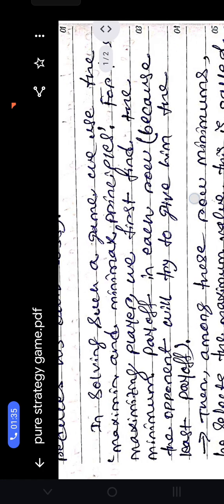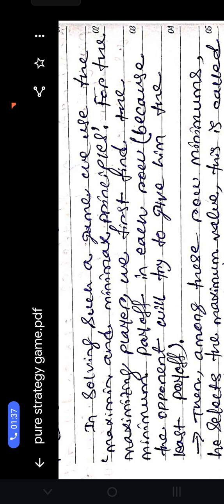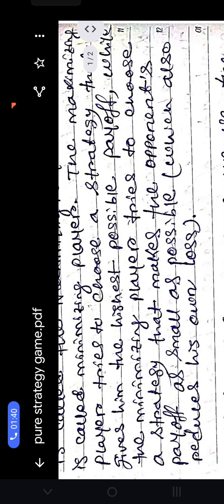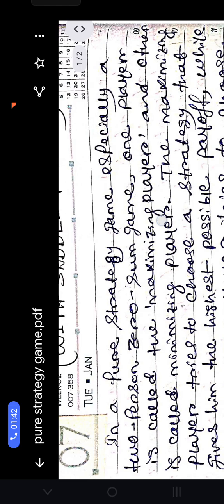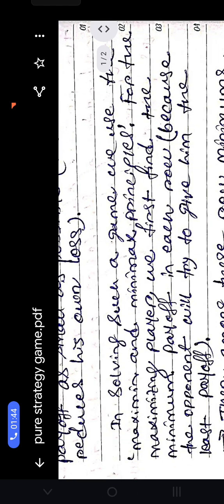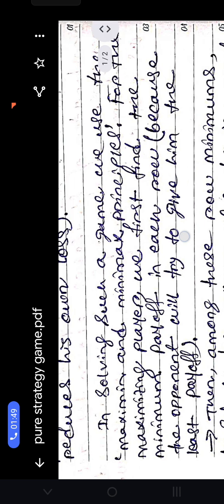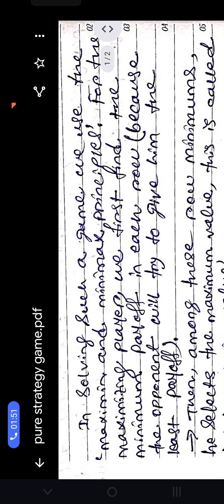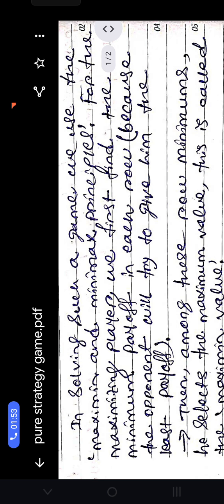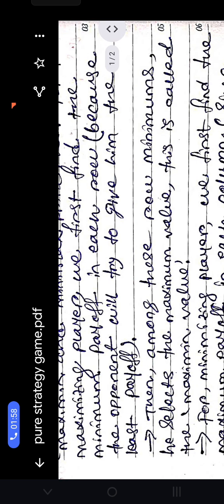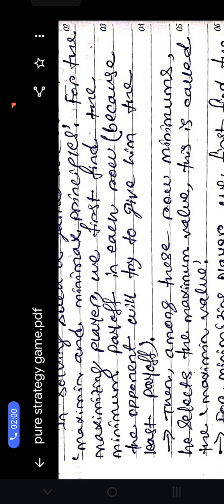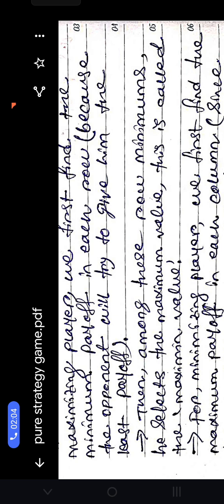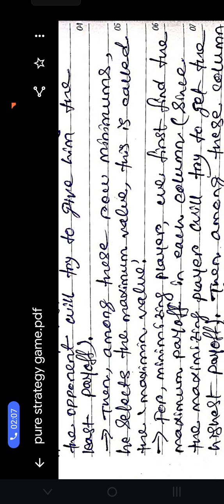So in solving such a game, we use the maximin and minimax principle. For solving this kind of pure strategy two-person zero-sum game, we use the maximin and minimax principle in game theory. For the maximizing player, we first find the minimum payoff in each row, because the opponent will try to give him the least payoff, and then among these row minimums, he selects the maximum value.